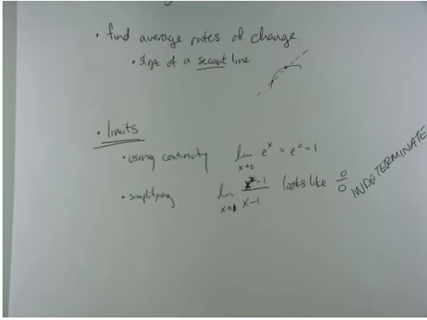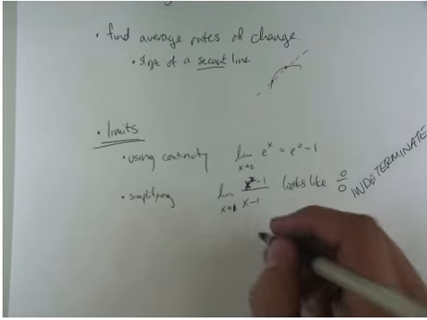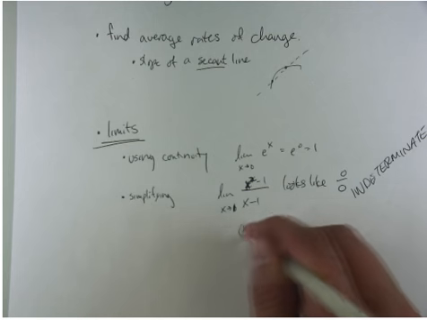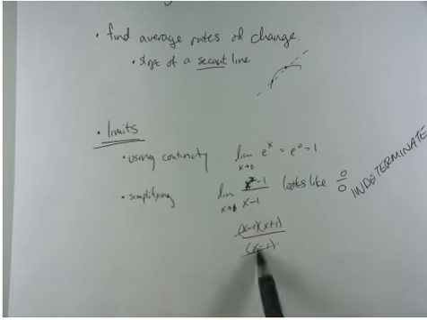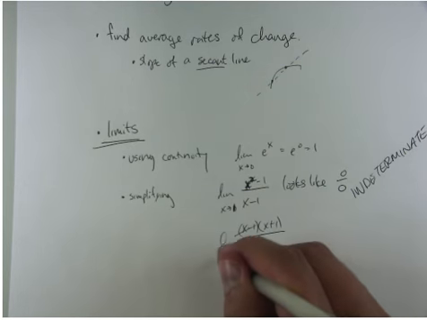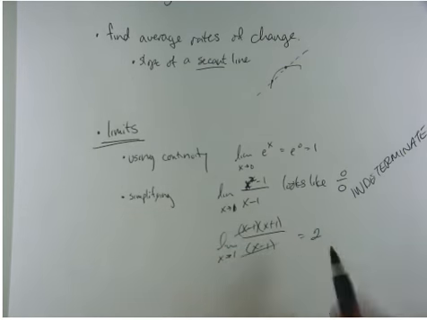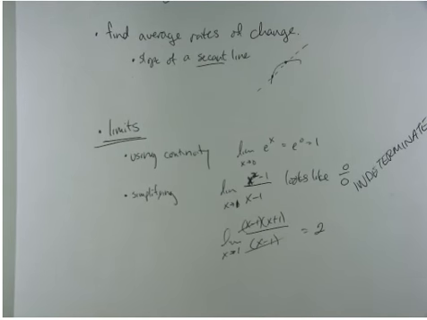But that doesn't mean that the limit doesn't exist, right? Instead, I can try to simplify this expression, cancel any like factors, and then evaluate the limit, and I see that it's 2. So this is an algebraic way that we might evaluate a limit through simplification.